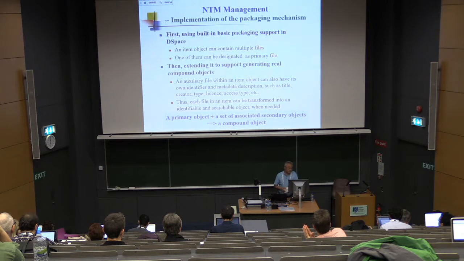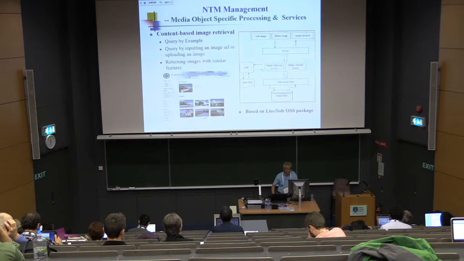So we can transform a regular primary object plus a set of files into a primary object plus a set of associated secondary objects to form a compound object.